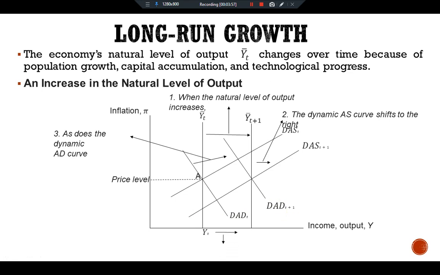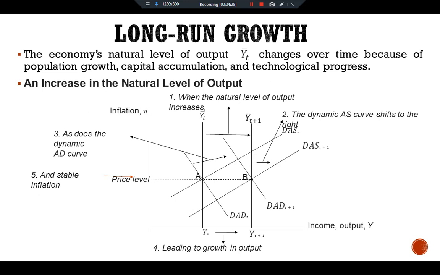At this point we have a rise in national income from Yt to Yt+1, and the economy is at equilibrium at point B, with national income equal to the new natural level of output, and we consider stable inflation in the economy.